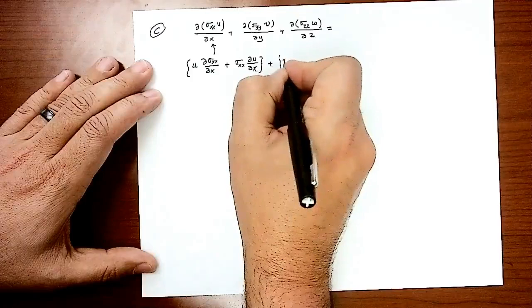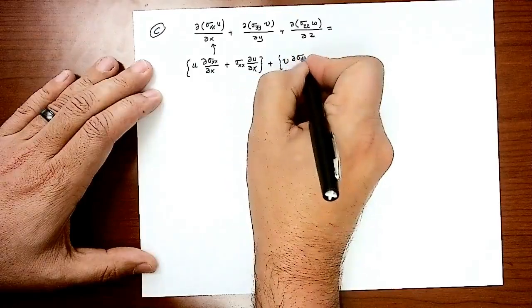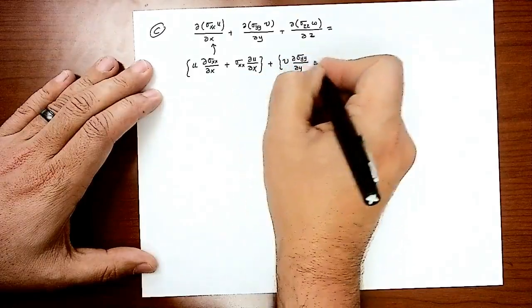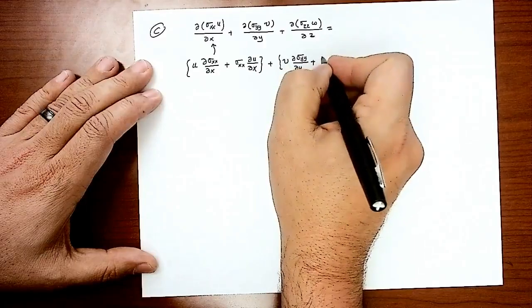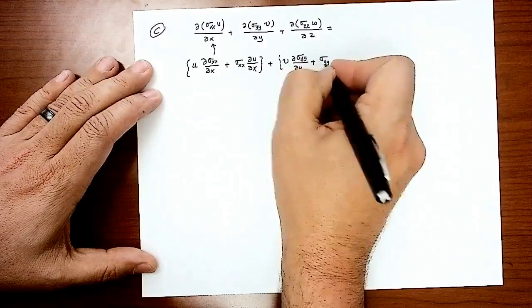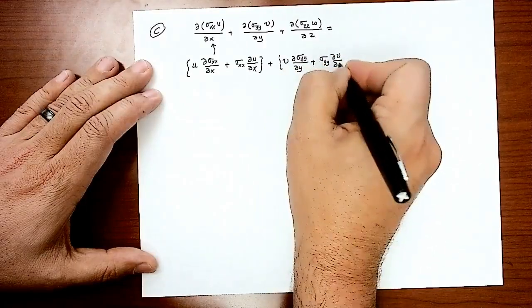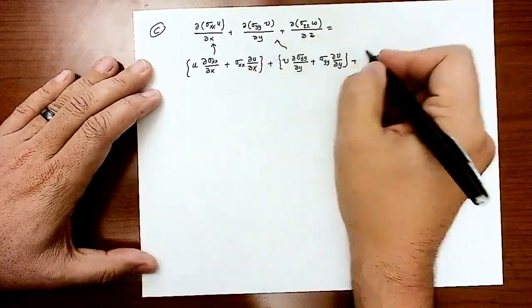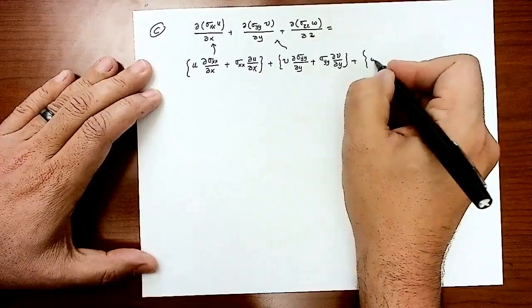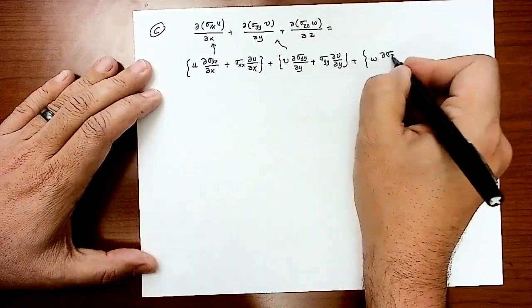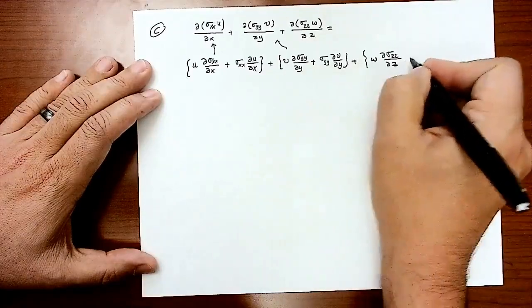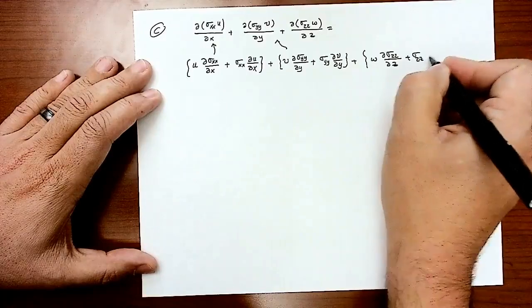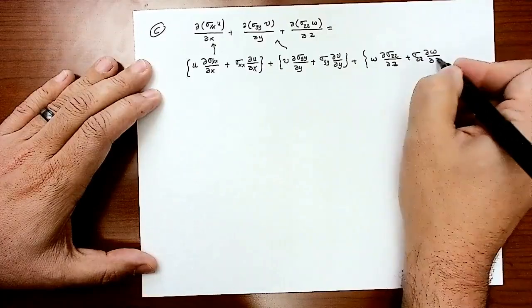I will have v partial sigma y by partial y plus sigma y partial v by partial y. I do the same for the third term. That's going to be w partial sigma zz by partial z plus sigma zz partial w by partial z.